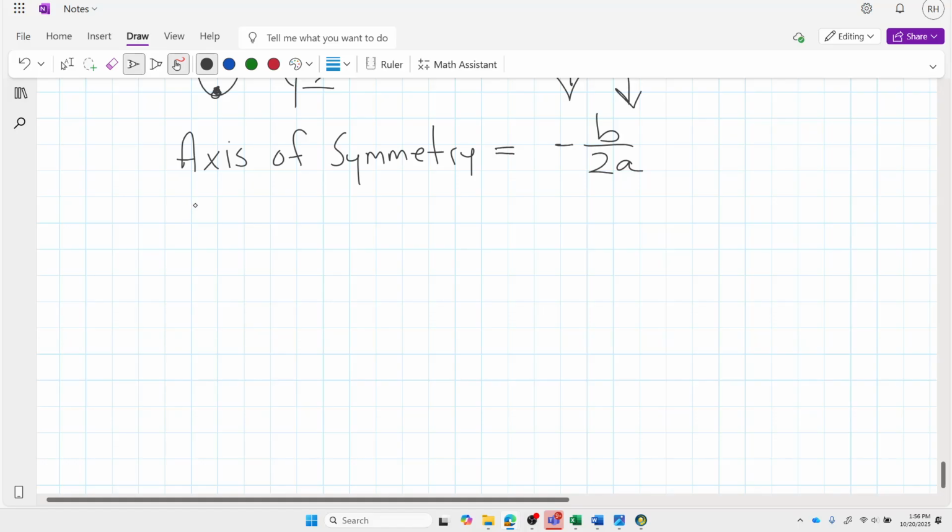And then the next thing you'll have to do is list the vertex. The vertex of these graphs, the x value at the vertex will be the opposite of b over 2a.